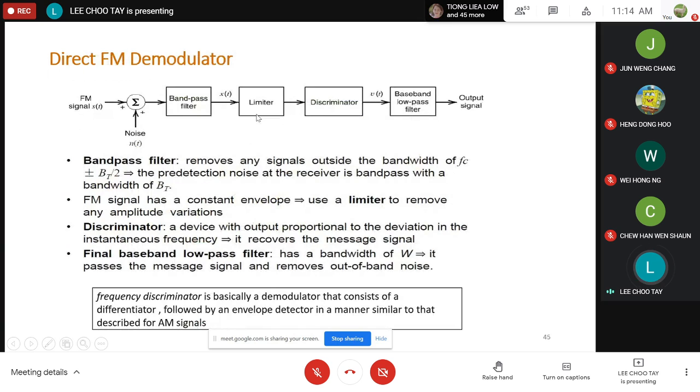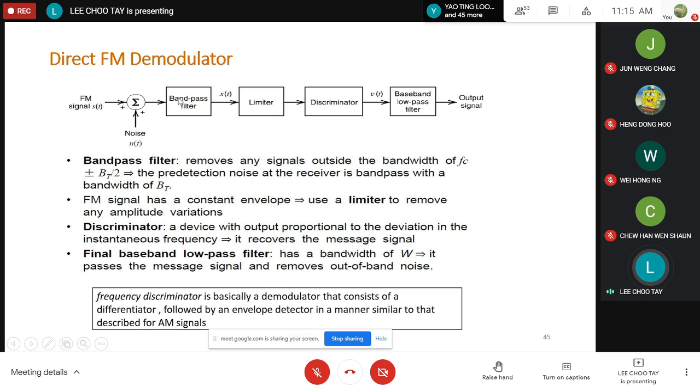The block diagram here shows you the processing blocks inside a direct FM demodulator. The FM signal traveling through the channel will have noise added to it. When it arrives at the receiver, the first processing block is a bandpass filter.